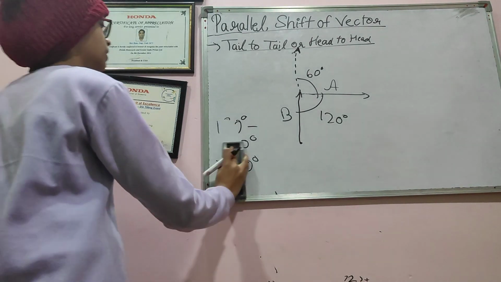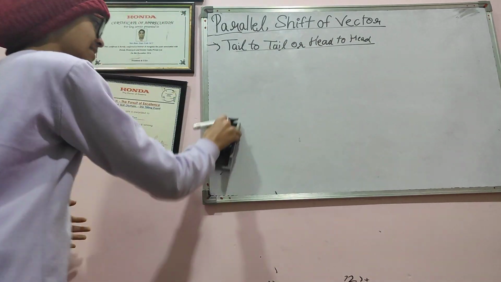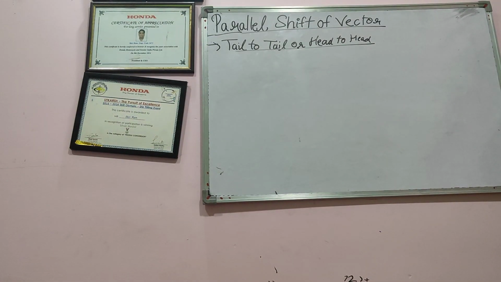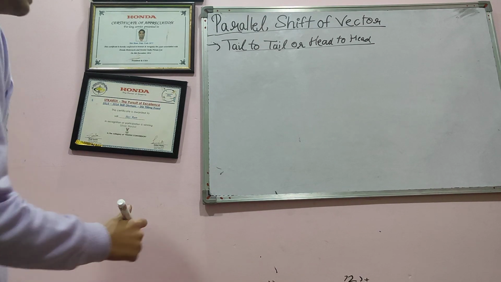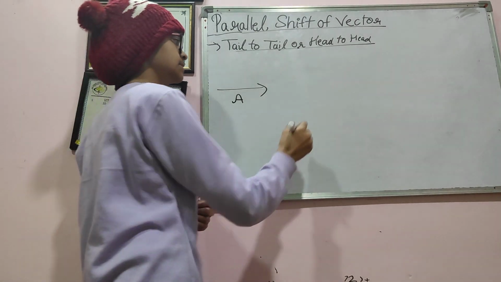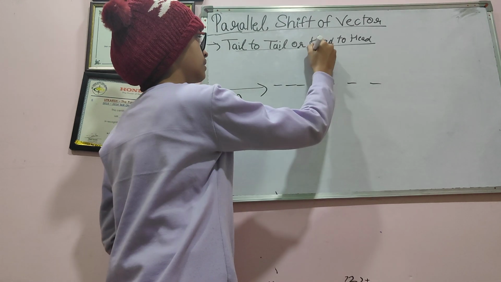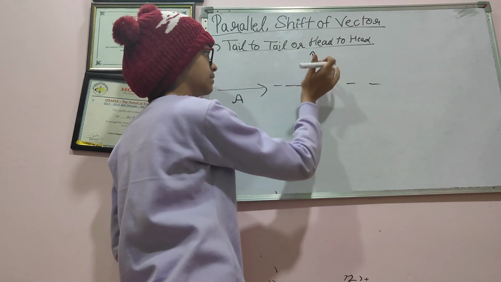So next example, now it's not hard but very easy. It is very fun to shift the vectors, right? Okay. This is a vector. This is the same plane. Okay. A line, actually 180 degree one.